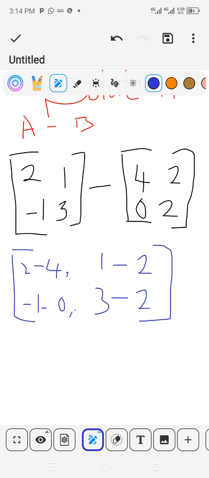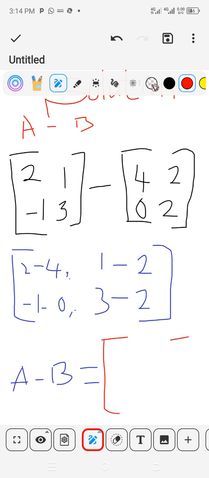After doing this, you now simplify the operation that you have performed. So simplifying it, A minus B will be equal to, what will be the result? The first number there is 2 minus 4. If you subtract 2 minus 4, it will give you minus 2.